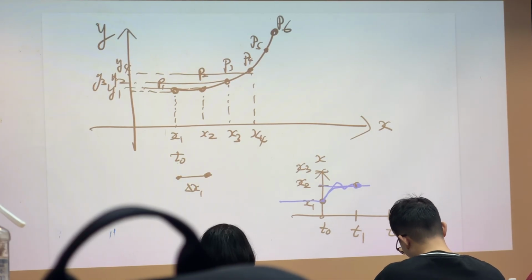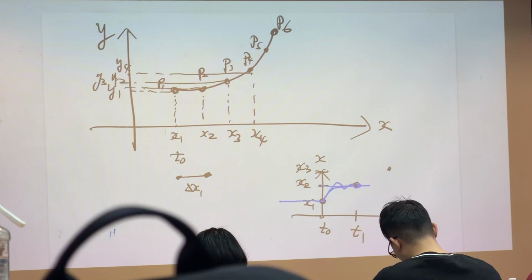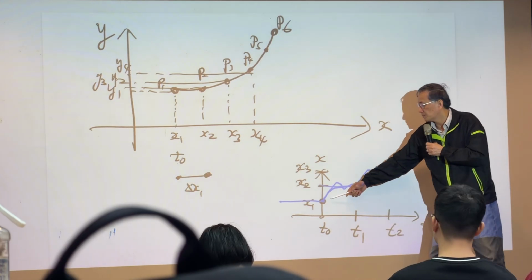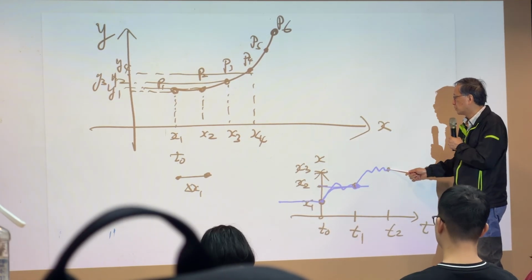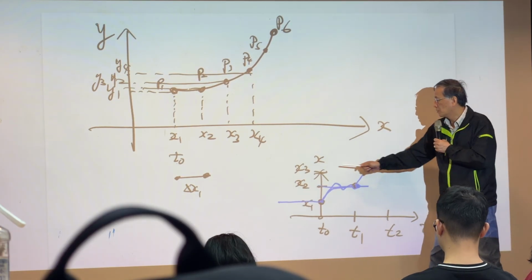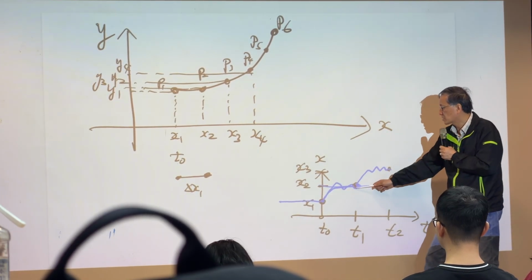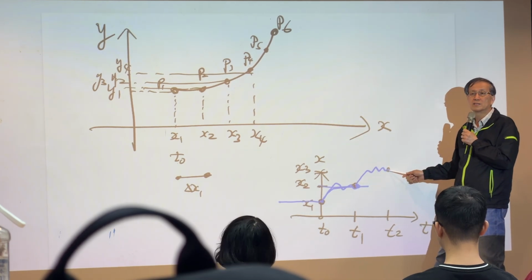At T2, we want to go to X3, but in fact your path will go something like this until it hits X3. Your system dynamics will not immediately go to X3. Your target is X3, but it will go like this until it hits X3.